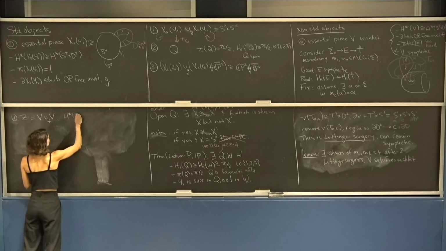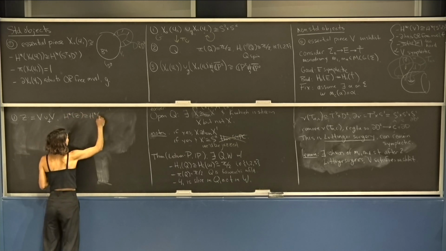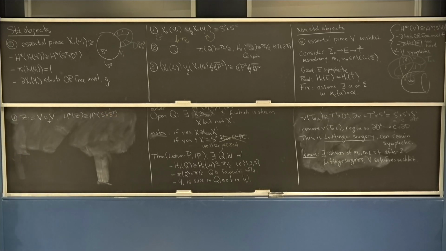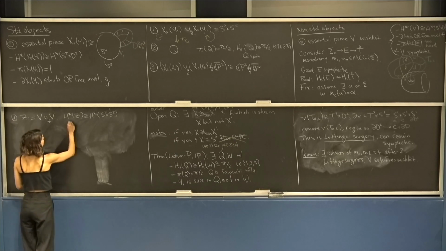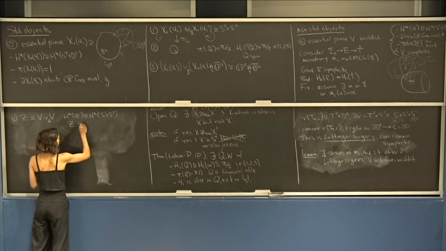The cohomology of Z is going to be the cohomology of S2 cross S2. And in fact, this cover Z is still going to be symplectic.